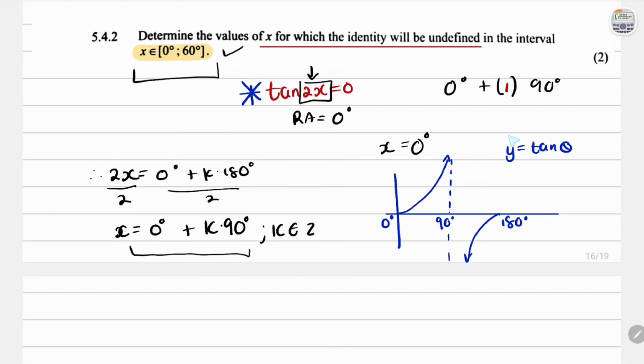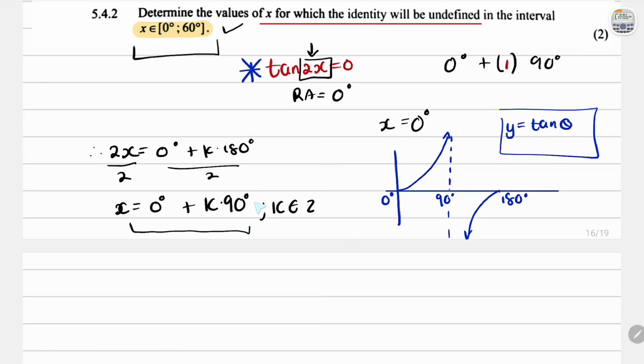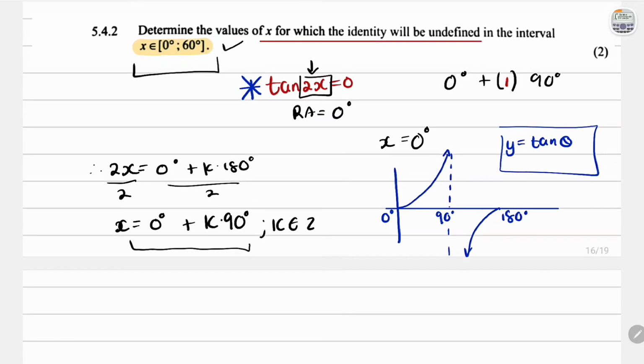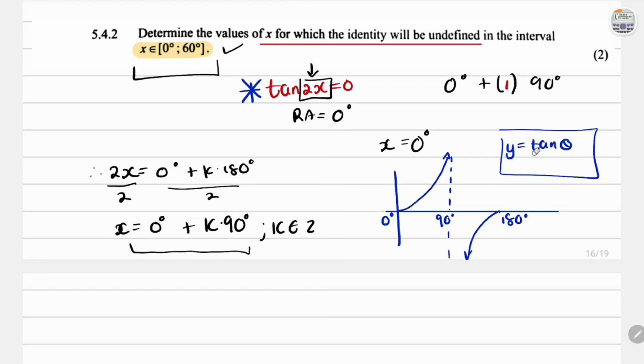So we have to consider this because it's a tan graph. This is something you need to include in your answer if they ask you this question and you see that the denominator was tan. So how do we find out what x should be so that we don't end up including this asymptote? Because this is the graph of y equals tan theta, we have tan 90 degrees when theta is equal to 90 degrees.